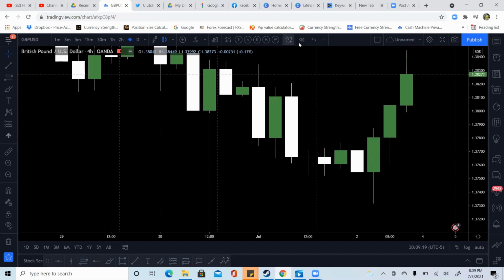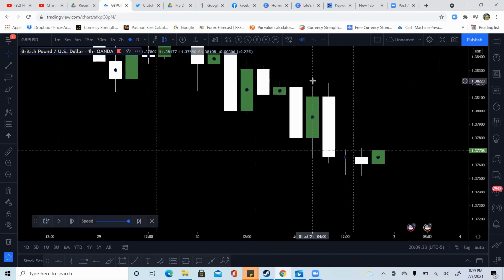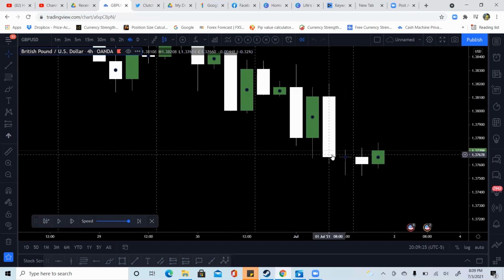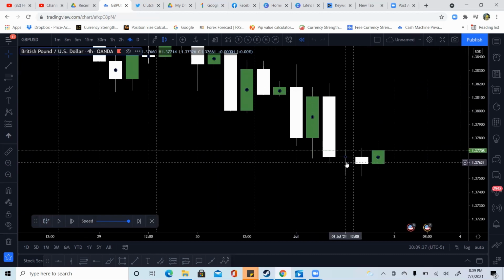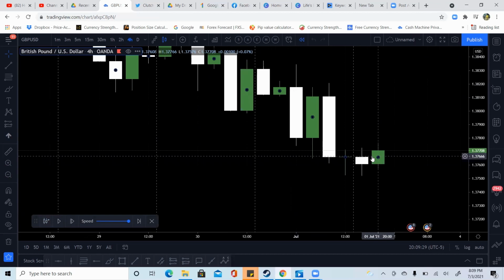Let me show you what I'm talking about. If we look at this bearish candle here, then you see these consecutive dojis, and you see a neutral doji followed by a selling doji followed by a bullish doji.